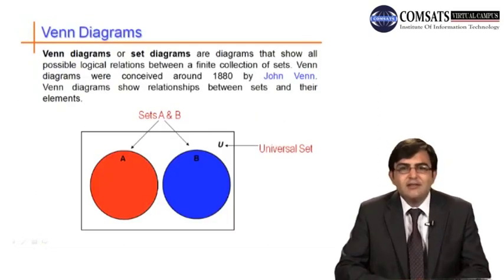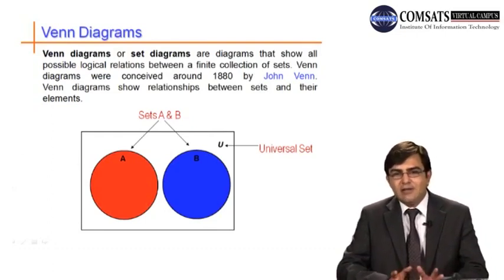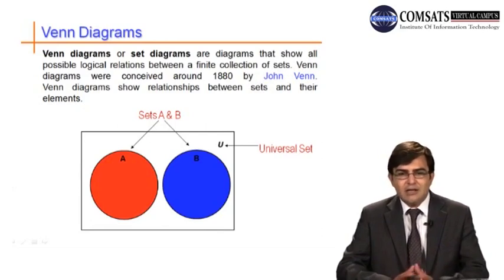Now we start the Venn diagrams. So what is a Venn diagram? Venn diagrams or set diagrams are diagrams which show the relationship between sets and their elements. The Venn diagrams also show the intersection, union, complement and other operations on sets.